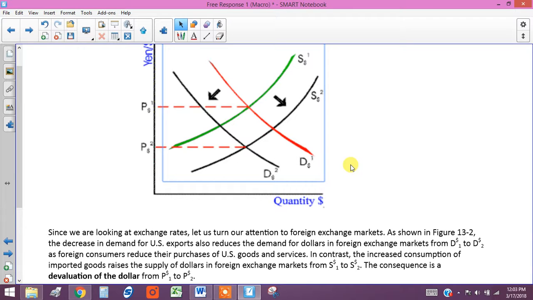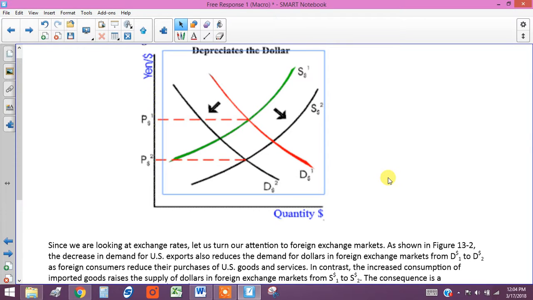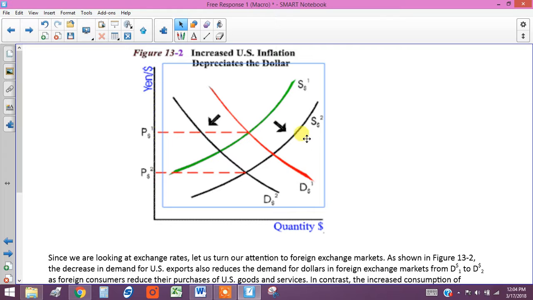Well, the Japanese want to import this car. They've got to exchange yen for $23,000 instead of $20,000. So because of that, the Japanese are going to say, you know what, we can build our own cars. We don't need to buy your cars. So the demand for dollars in the world market is going to shift to the left.